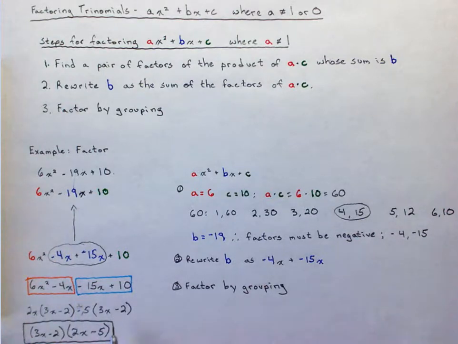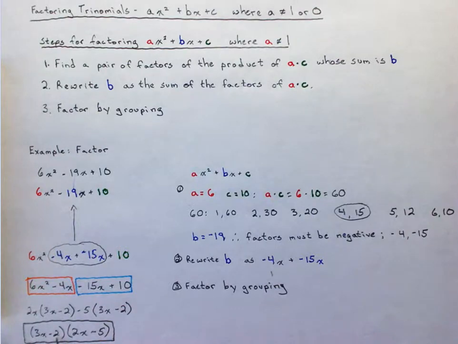We've already done factor by grouping. Here I can pull out a 2x and here I can pull out a negative 5. So I have 2x times 3x minus 2 minus 5 times 3x minus 2. Factor out my 3x minus 2.